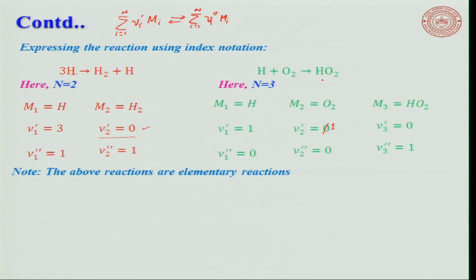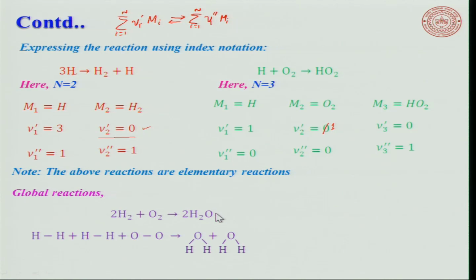So, the above reactions are elementary, as I have told you. Global reactions will be like 2 moles of hydrogen reacting with oxygen going to the product of 2 moles of water. If you look at what is really happening, one hydrogen and another hydrogen and oxygen come and collide with each other, so that bonds are broken and bonds are formed.